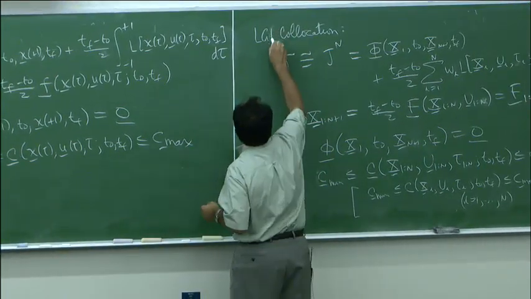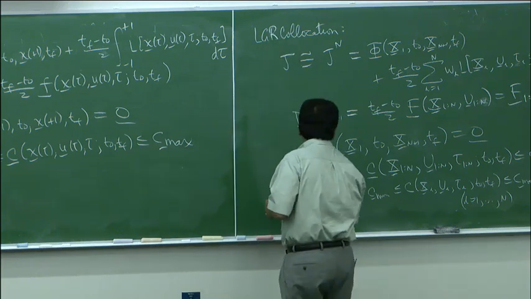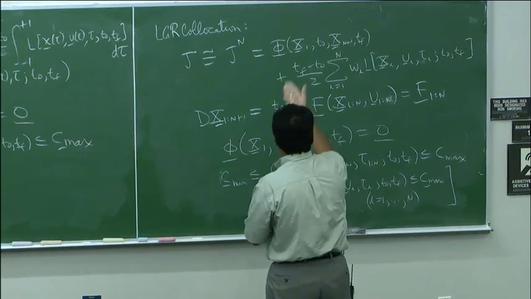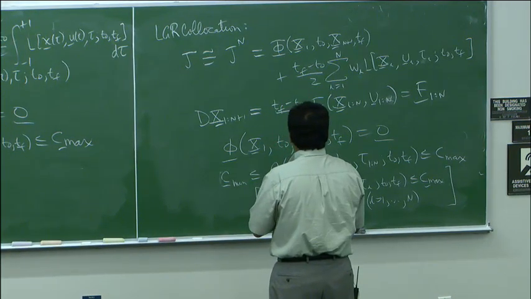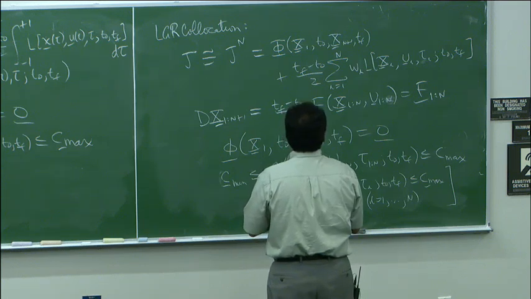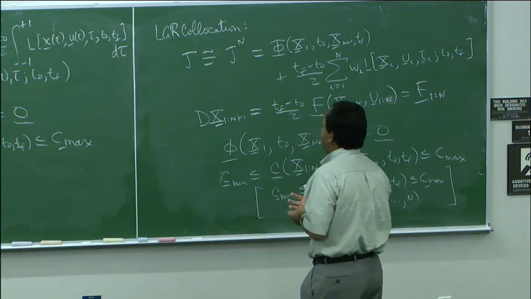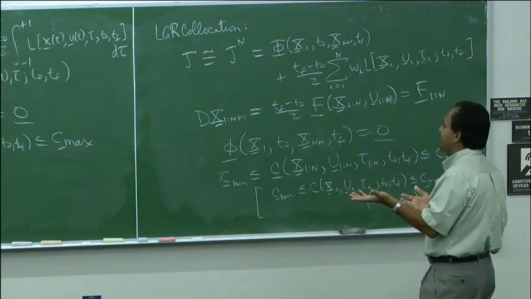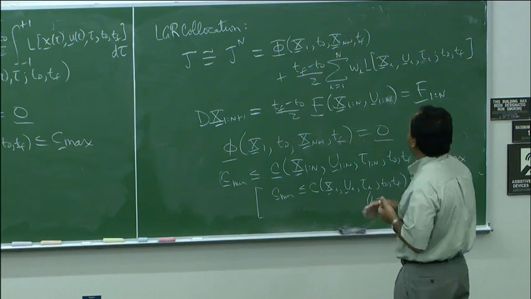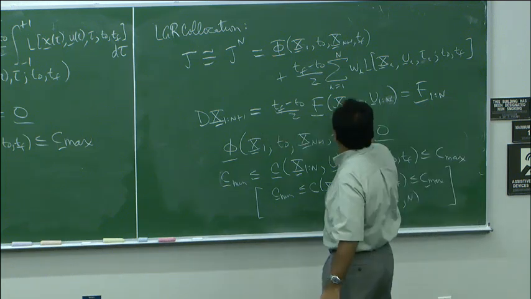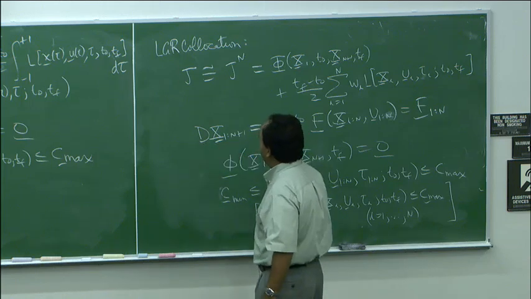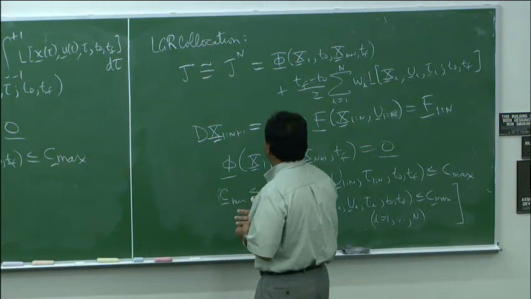I wrote it down for LGR collocation, but you get a similar form for LG and LGL. The only difference is that you have to introduce the quadrature equation in the case of LG, and then in LGL you get this exact same equation for the dynamics, except you have to realize that the matrix in LGL is square as compared to that for LGR, which is rectangular.